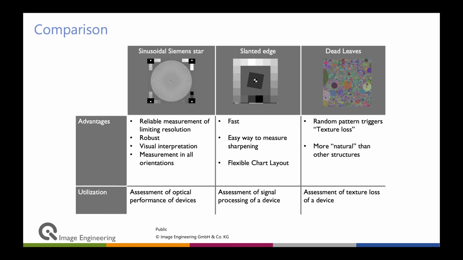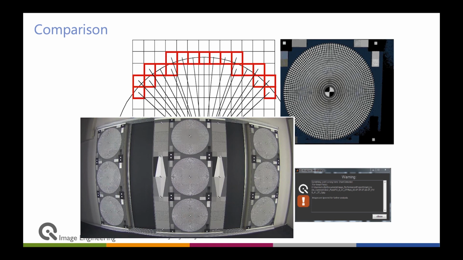When you really want to analyze the camera and the signal processing, then dead leaves and Siemens star are definitely your choice. Of course, there are always some disadvantages. For example, the Siemens star is hard to align for high field of view cameras or for cameras with strong distortions.